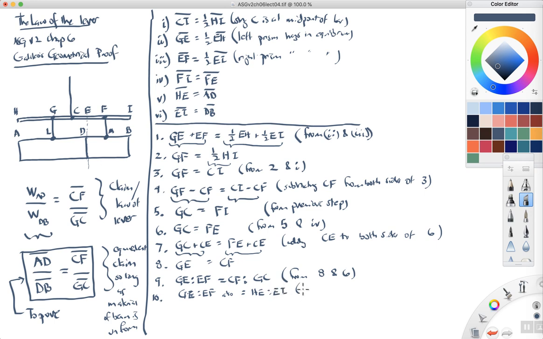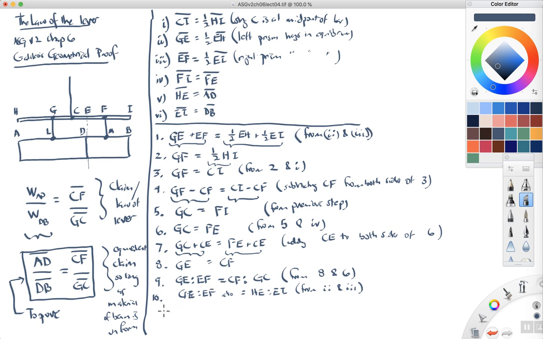This follows from points 2 and 3 up here. GE is to EF, and so if you form the ratio of these two, it's the same as the ratio of EH is to EI, or HE is to EI. Okay, so we've just found two different expressions for the ratio GE to EF.